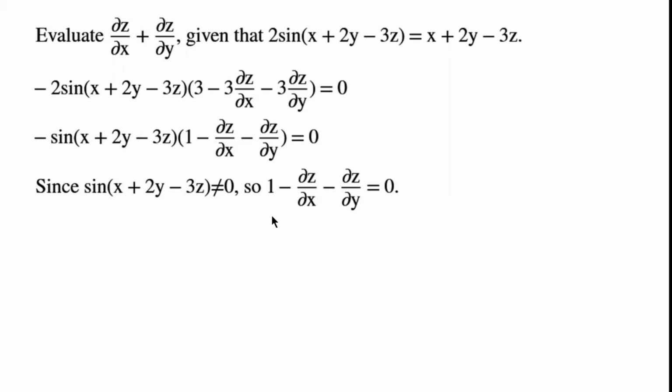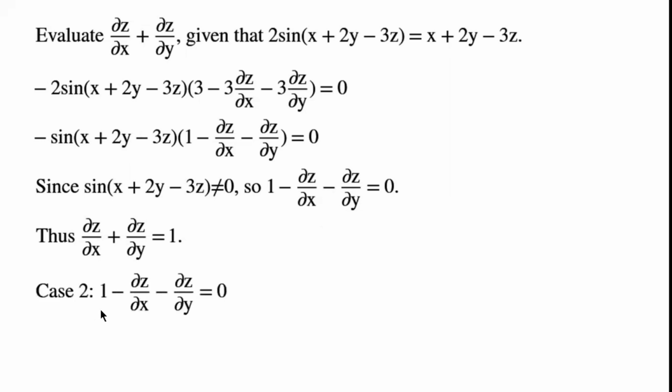So 1 − ∂z/∂x − ∂z/∂y equals 0. Thus, ∂z/∂x + ∂z/∂y equals 1.